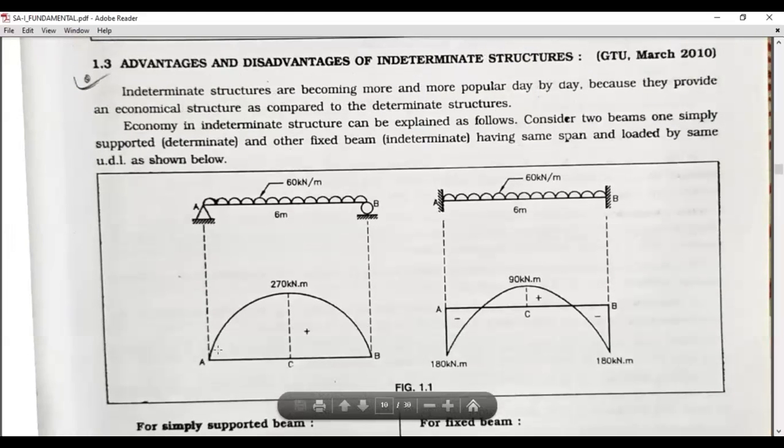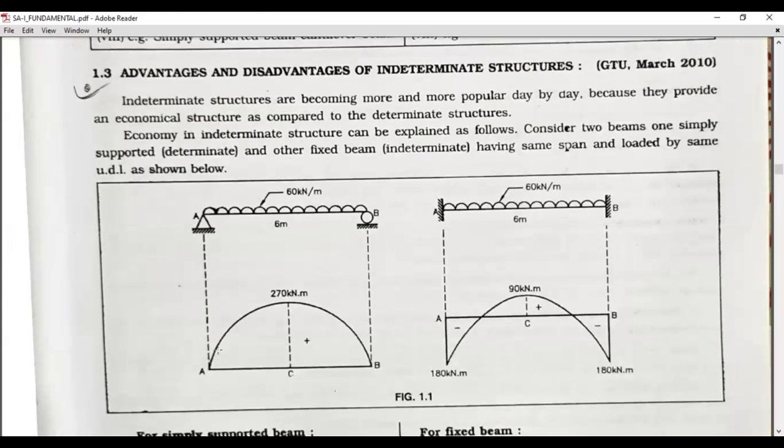Now, advantages and disadvantages of indeterminate structures. Indeterminate structures are becoming more and more popular day by day because they provide an economical structure compared to determinate structures.